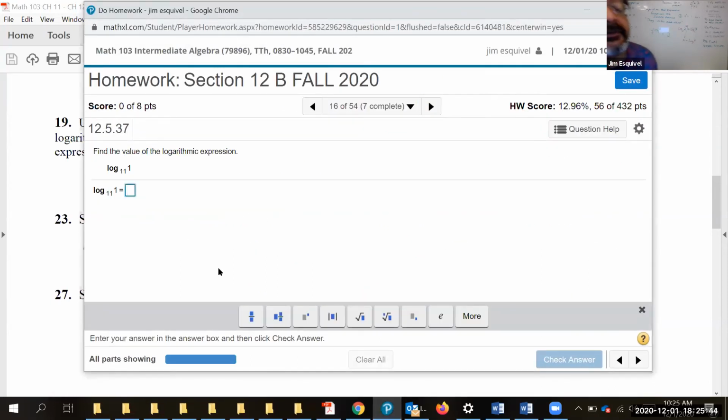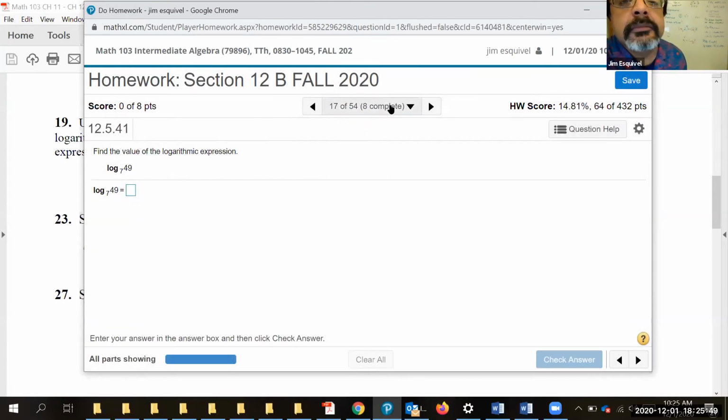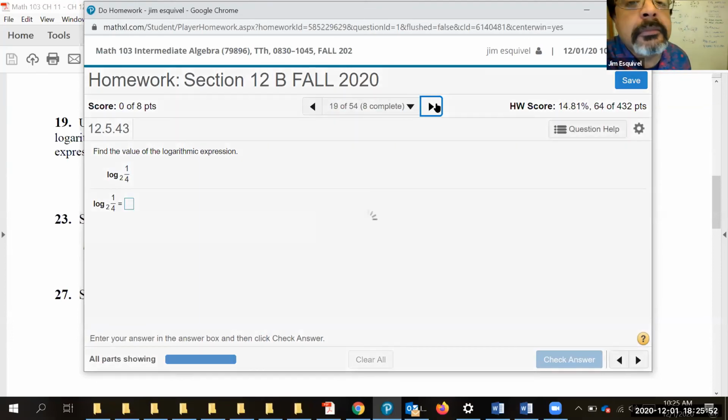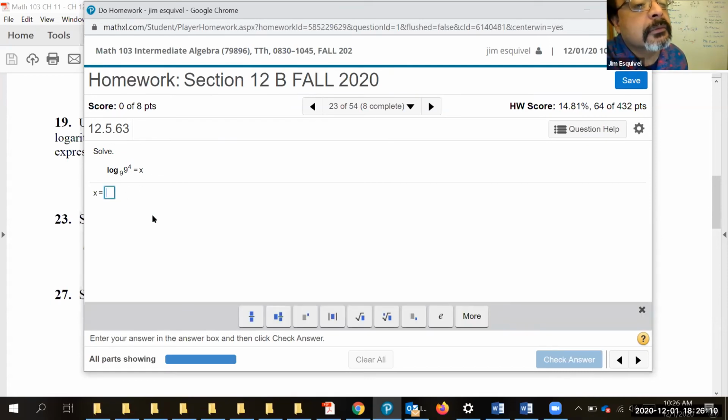So log base 11 of 1, that's a 0. Log base 9 of 9 to the 4th.